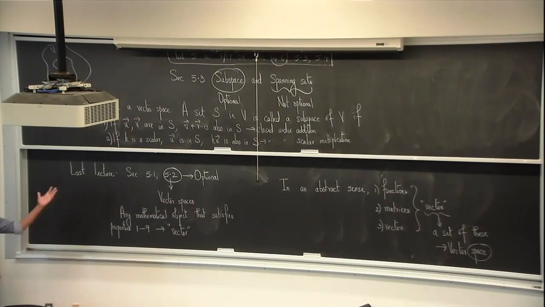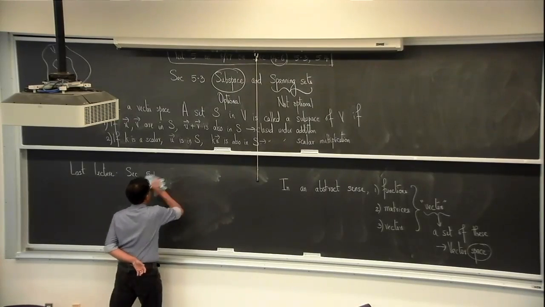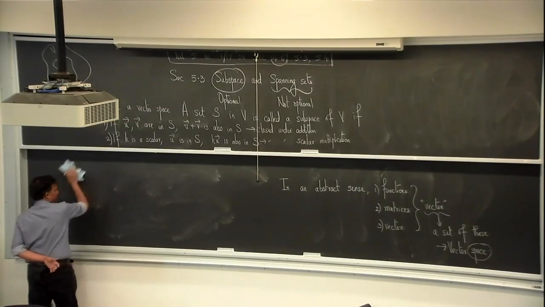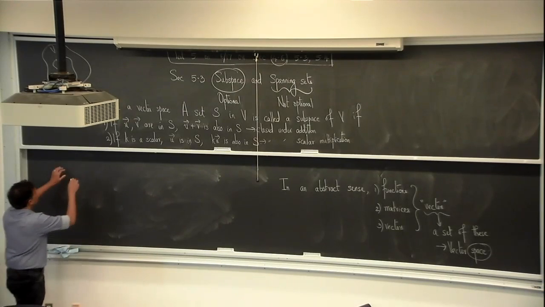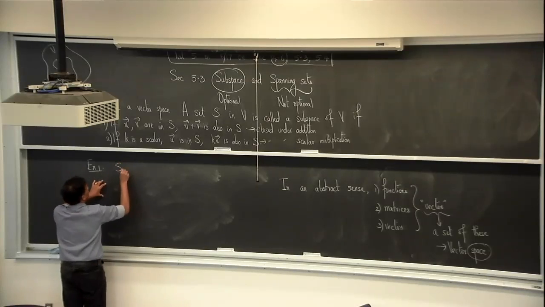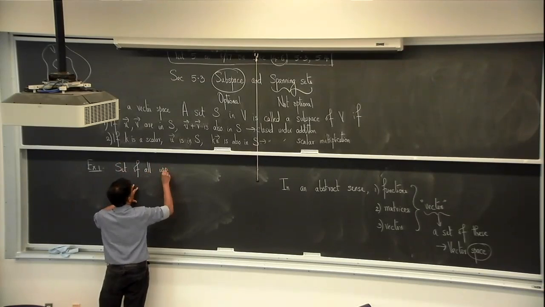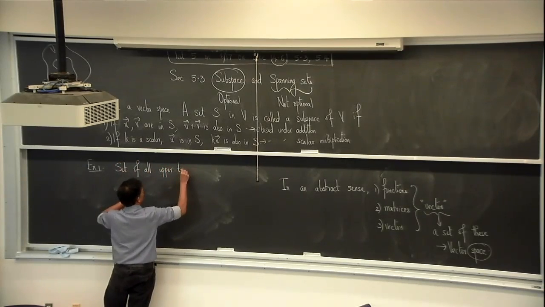All right, so again, we can write examples of this. There are examples where it is a subspace of a bigger set, or it's not a subspace. So I'll show you some examples which I did not do last time. Example one: the set of all upper triangular 2x2 matrices.